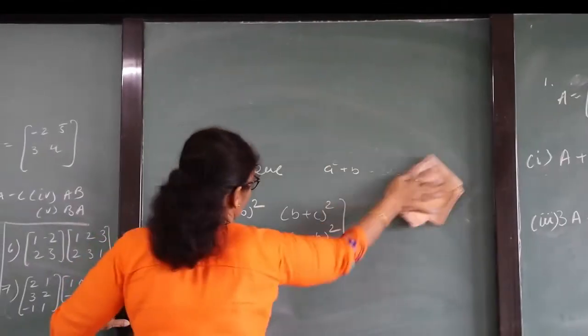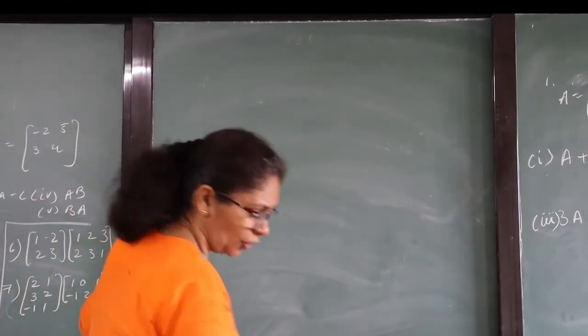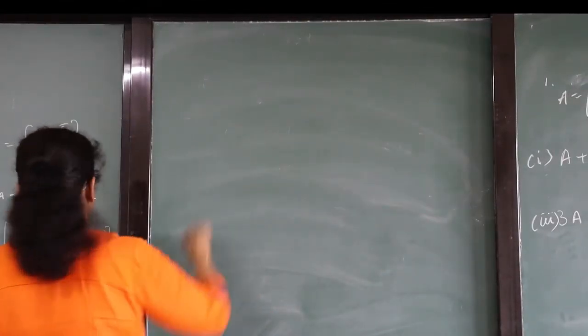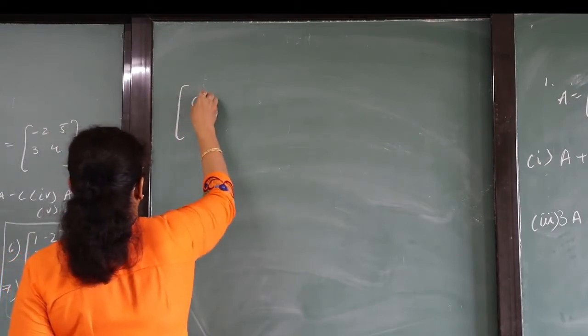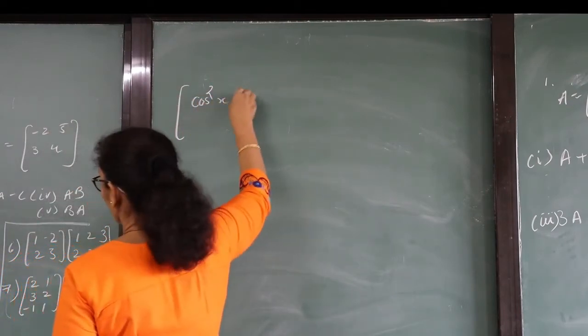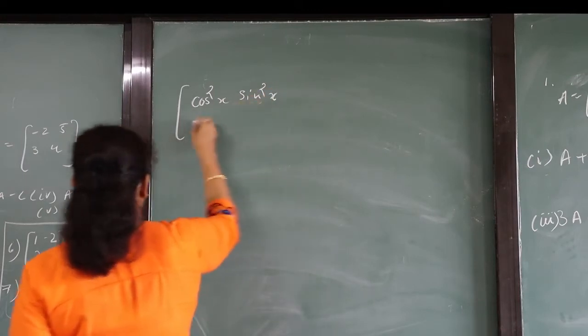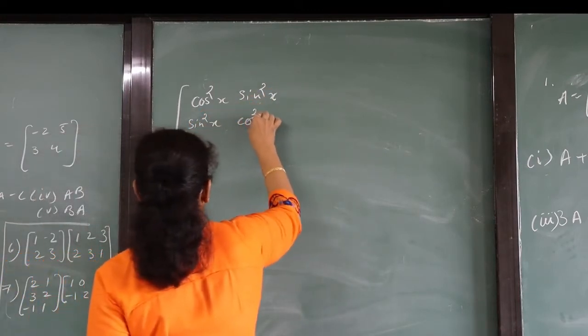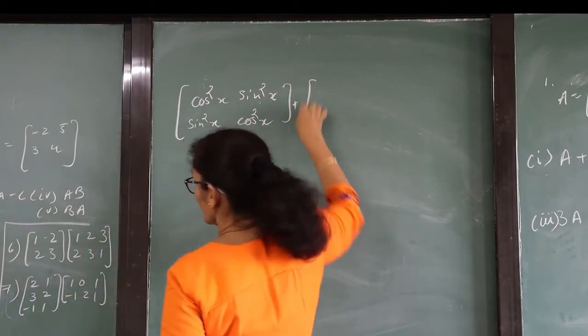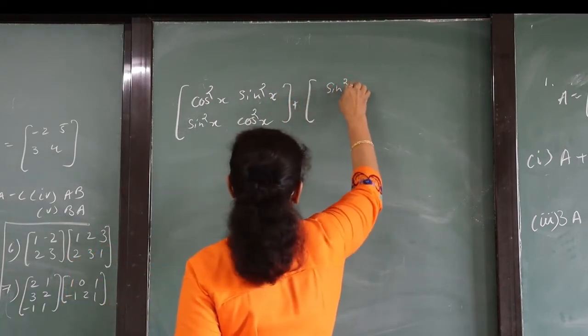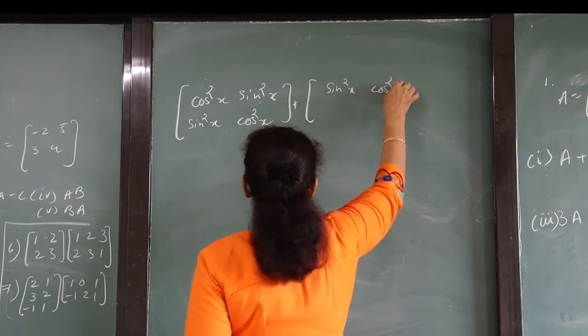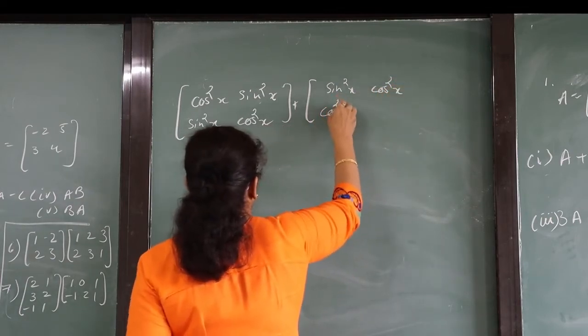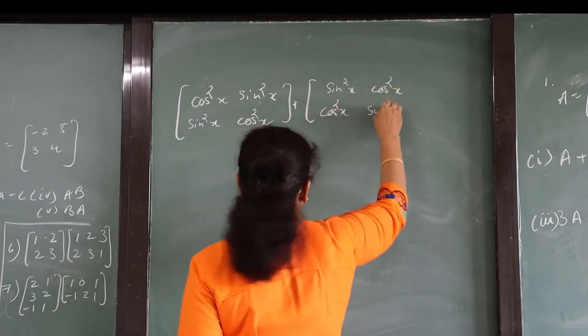Again the same with addition only, but trigonometric terms are given. That will be cos square x, sin square x, sin square x, cos square x, and so on.